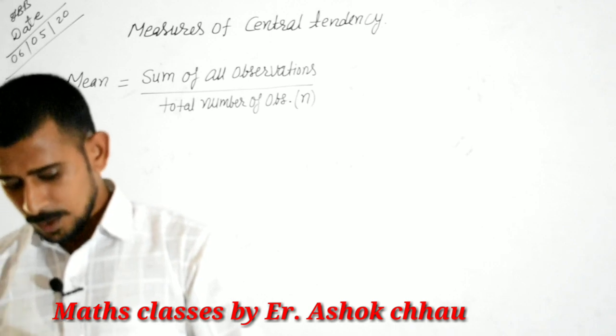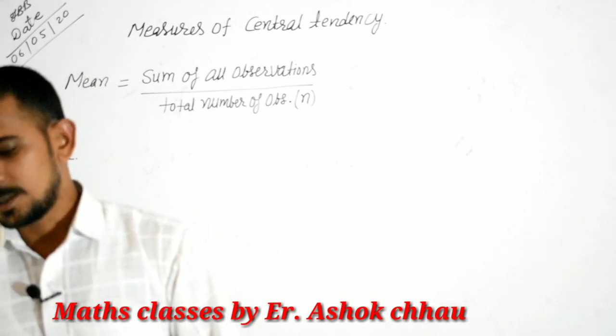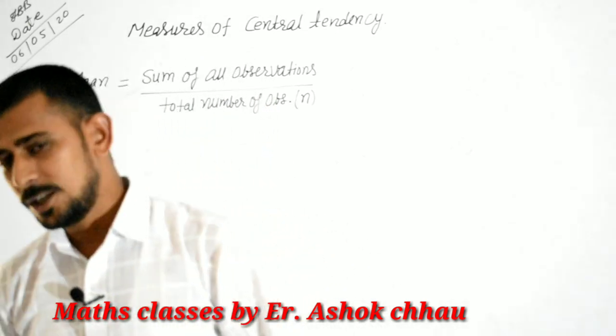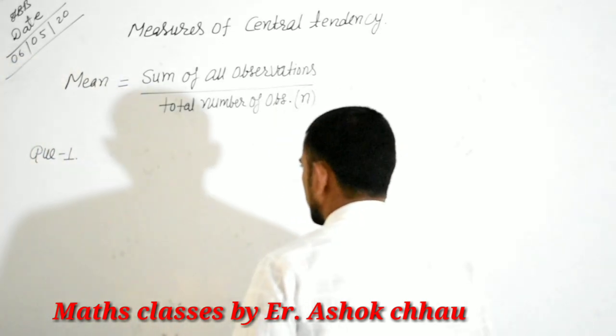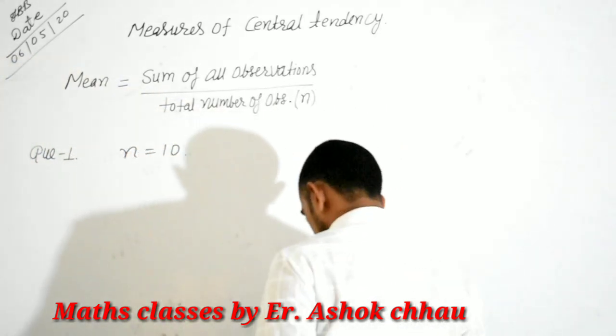First example, you can see in your book. Marks obtained by 10 students of a class, it means number of students n is equal to 10.